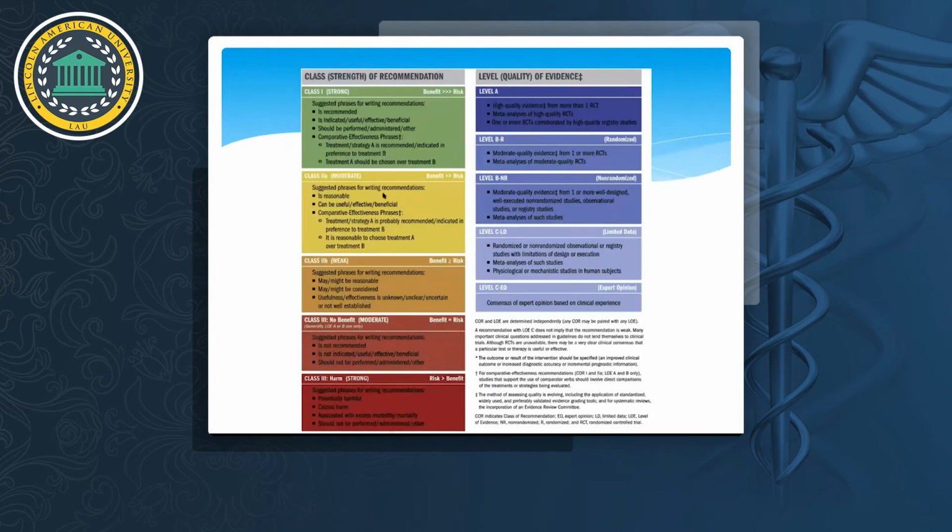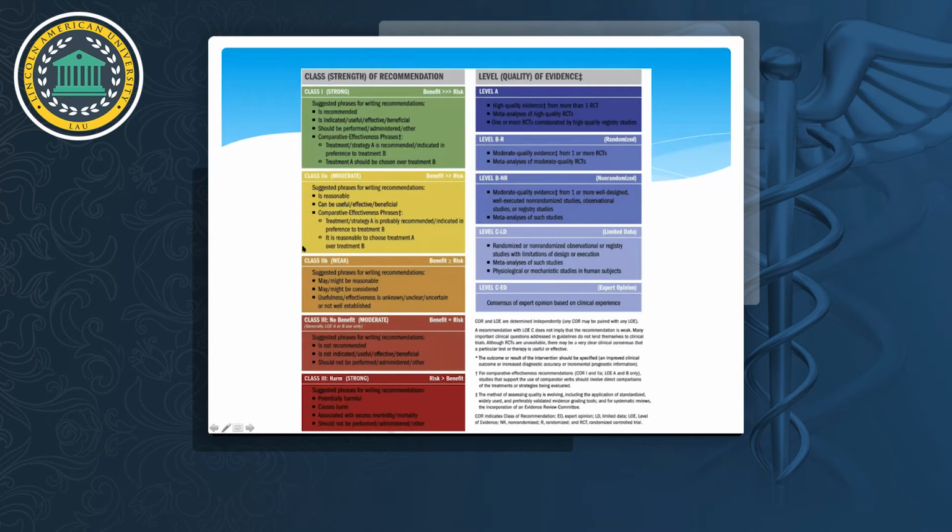So this is class of recommendation and level of evidence. So class 1 is strong, benefit outweighs risk, is recommended, is indicated, useful, effective, beneficial. And then we have class 2A, where there's moderate evidence. So it's reasonable. Here it's recommended. Here it's reasonable.